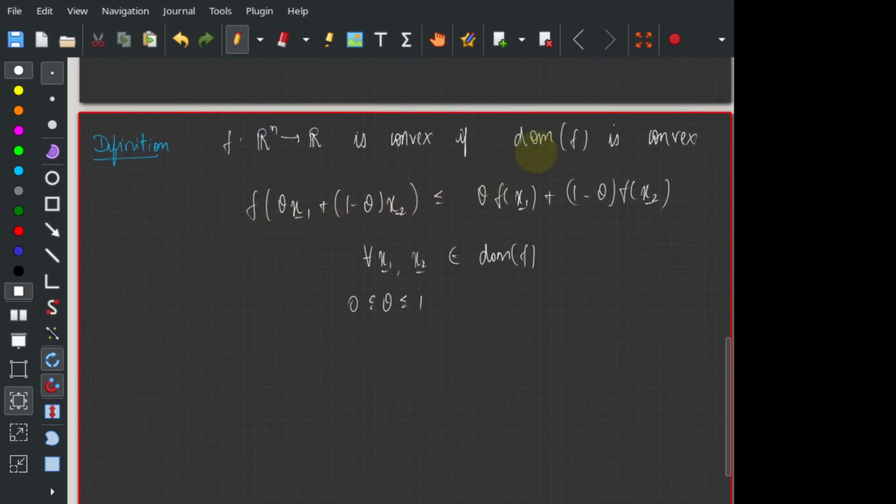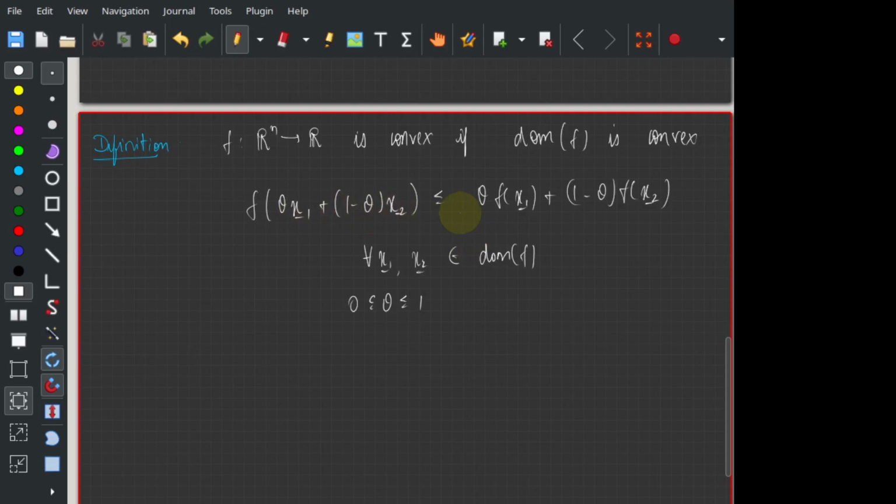Okay. So you understand what we mean by the domain of f, right? It's the set of all x values for which f is defined. Firstly, we say that f of theta x1 plus 1 minus theta x2 should be less than or equal to theta f of x1 plus 1 minus theta f of x2 for all x1 and x2 in the domain of f. Now this definition makes sense only if f of theta x1 plus 1 minus theta x2 is well defined. Correct? For this to be well defined, theta x1 plus 1 minus theta x2 should be in the domain of f.